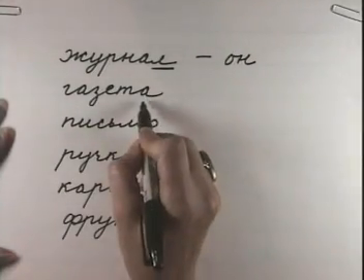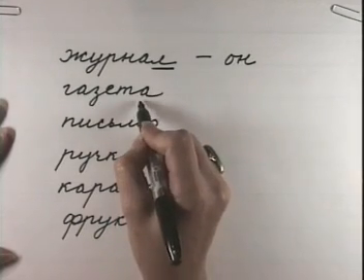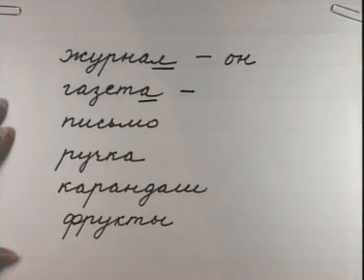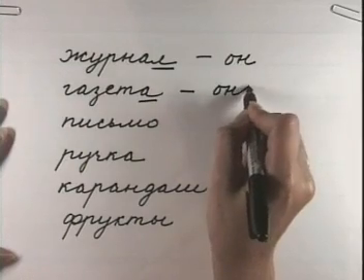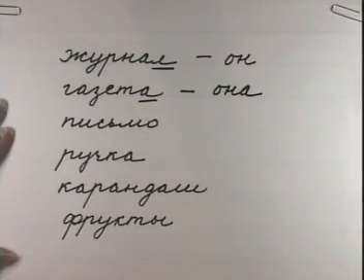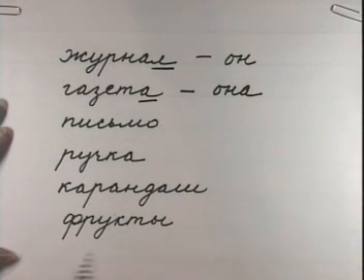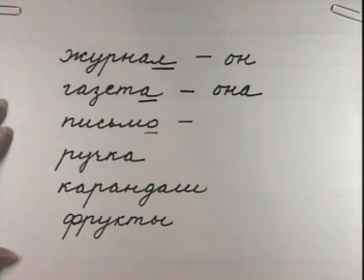Так, our next word is газета, and it ends in A, so we can replace it with она. Let's move on to this line, and I want you to read this word. Письмо. It ends in O. So which gender is it?